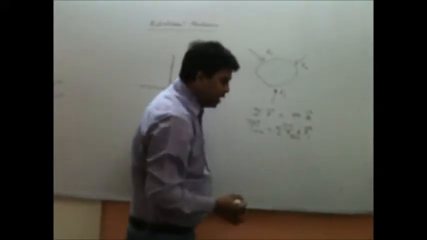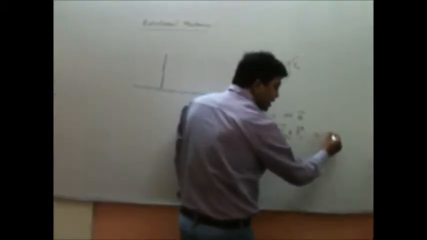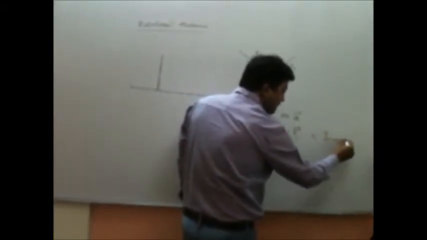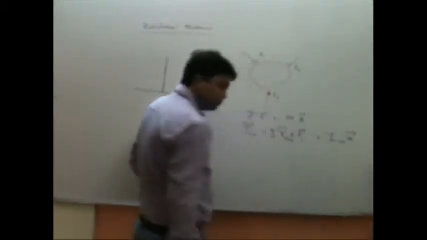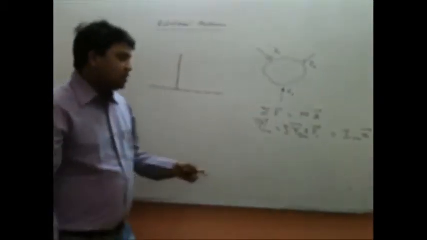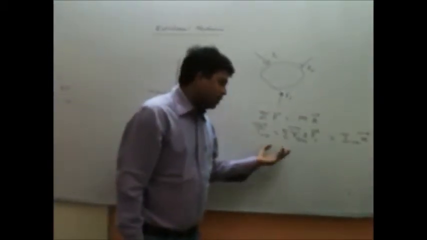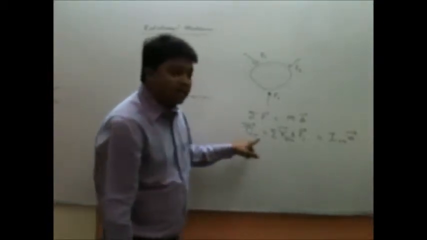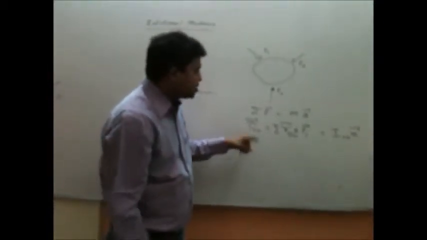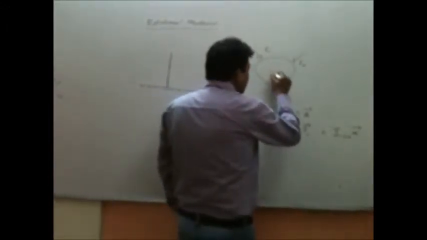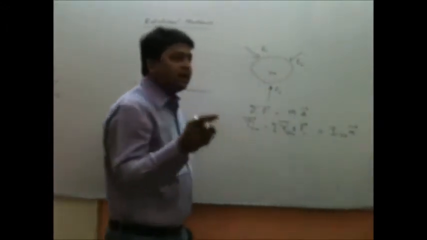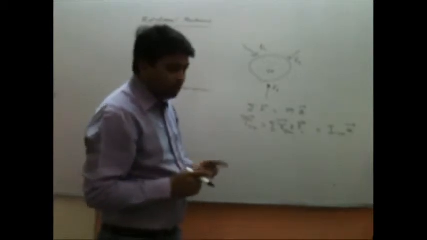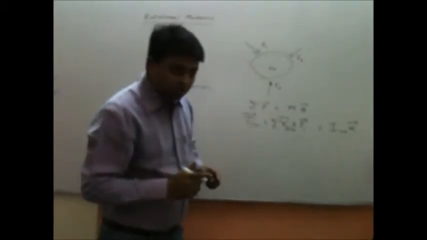Am I right about this? And this will give I_CM into alpha. I would like to tell you this is a powerful tool to solve the problem, and moreover, when we consider the torque, we consider it about the center of mass, not any other point, when the body is free to move.